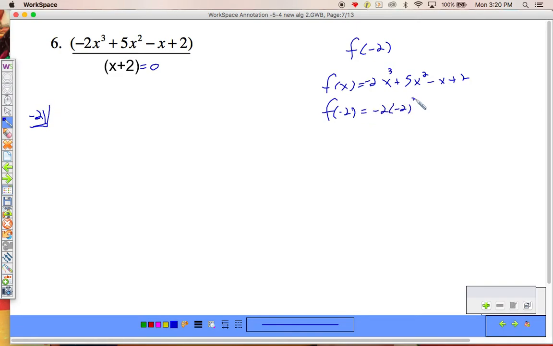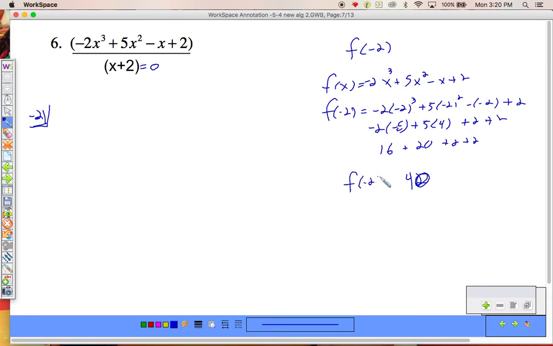Negative 2 times negative 2 cubed plus 5 times negative 2 squared minus negative 2 plus 2. All right, so that's negative 2 times negative 8, which is 16, plus 5 times 4, which is 20, plus 2 plus 2. That's 40. All right, that's my f of negative 2. So this tells me when I do my synthetic division, my remainder better be 40.